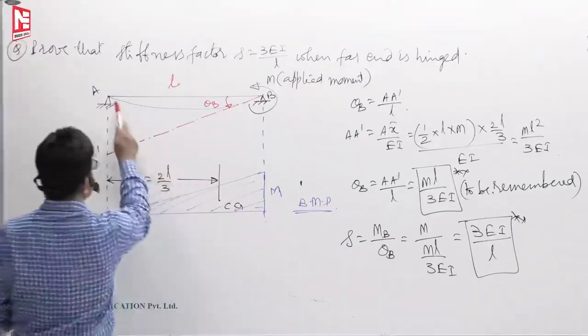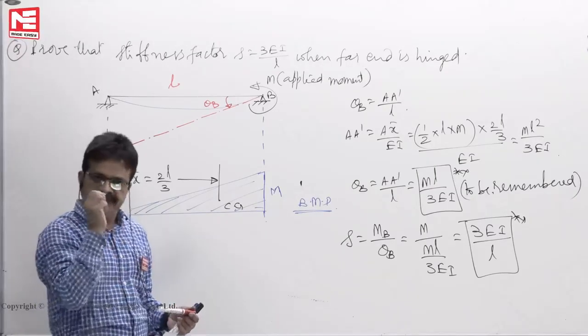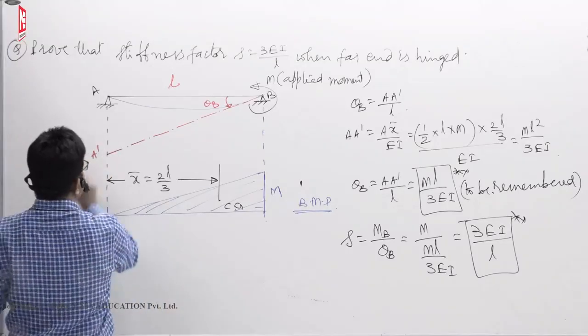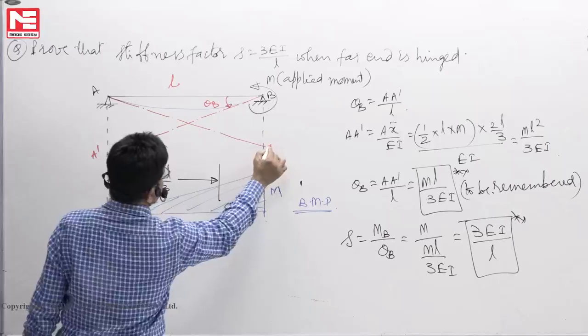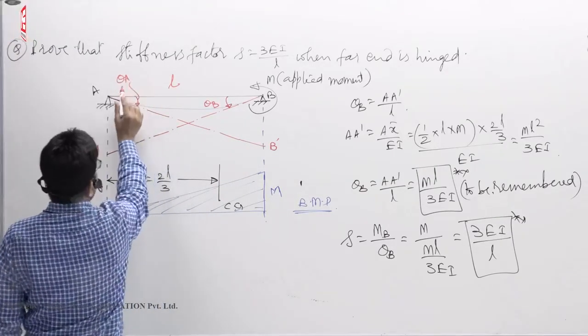Strength of materials sir might have told you what theta A is also: ml by 6EI. Supposing that you have forgotten, to get that is only a one line derivation. You see here, we want to know what is theta A. Drop a tangent, BB dash. This is theta A. What is theta A?